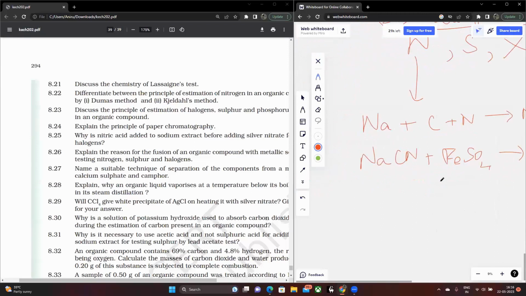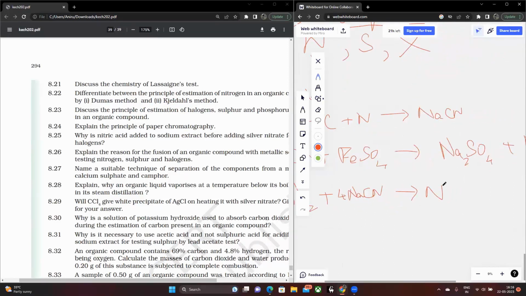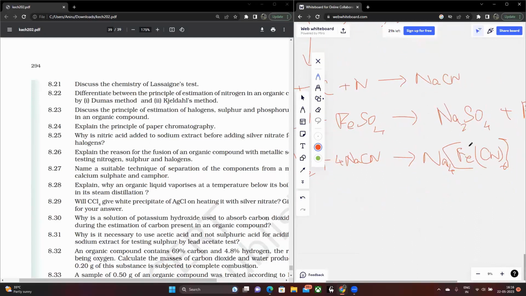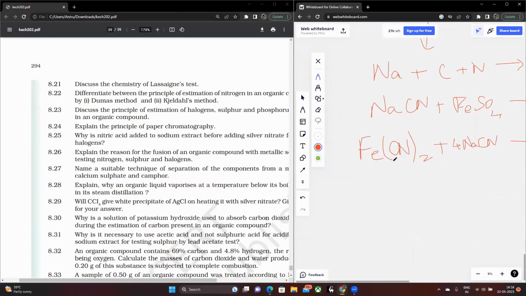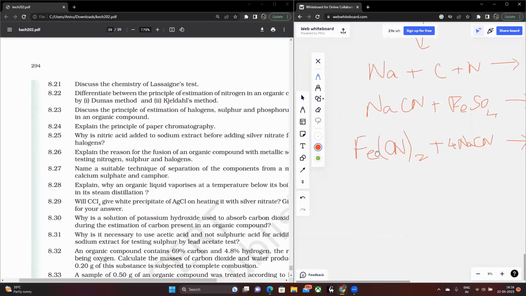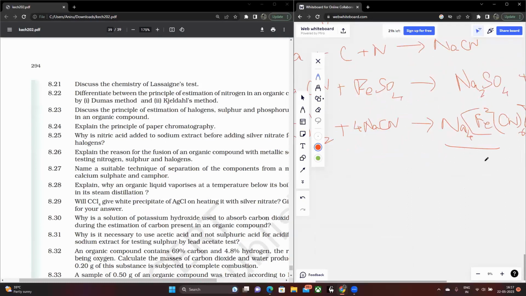And then since you are boiling it with an excess of ferrous sulfate, this Fe(CN)2 reacts with NaCN to give the complex Na4[Fe(CN)6]. This is sodium ferrocyanide, the Fe2+ complex. Now you acidify it with H2SO4 to accomplish this complex formation.